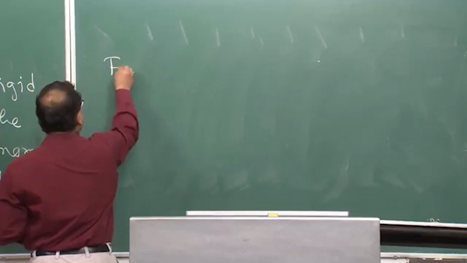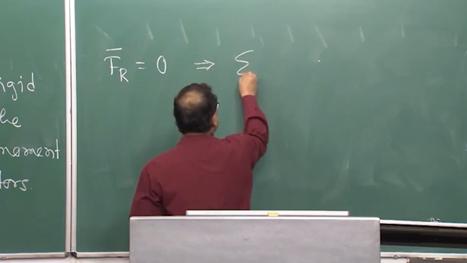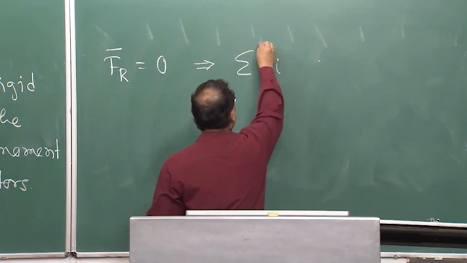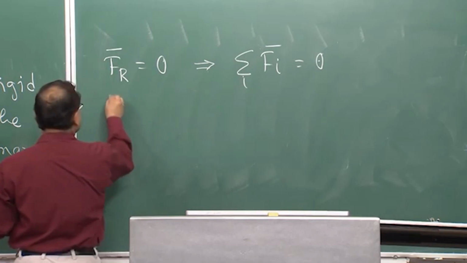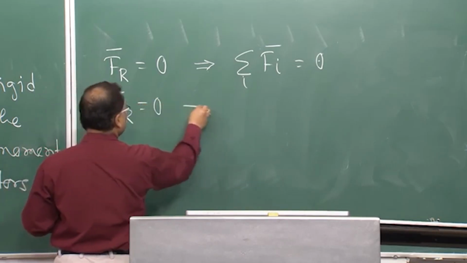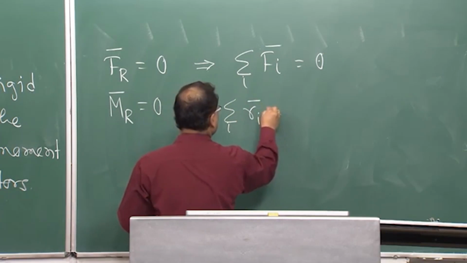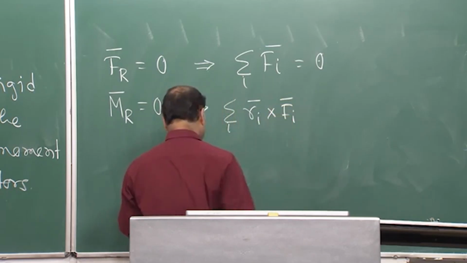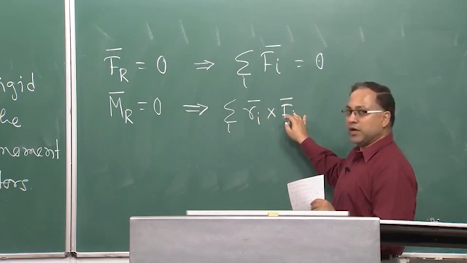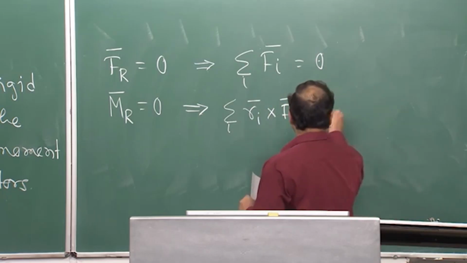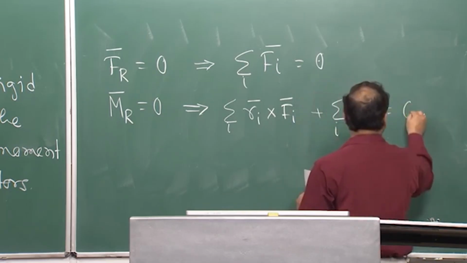So, mathematically I can express this as the summation of all forces equal to 0, and the resultant moment is 0, that implies that the summation of the moments of externally applied forces, in that way you can calculate, plus you may have some concentrated moments acting on the body, right.